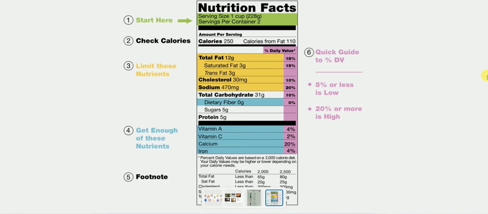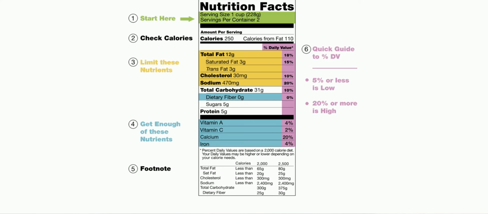You may start from here. And here is the footnote, and here you'll find the proportion and what vitamins are present in the product. All these are mentioned here.